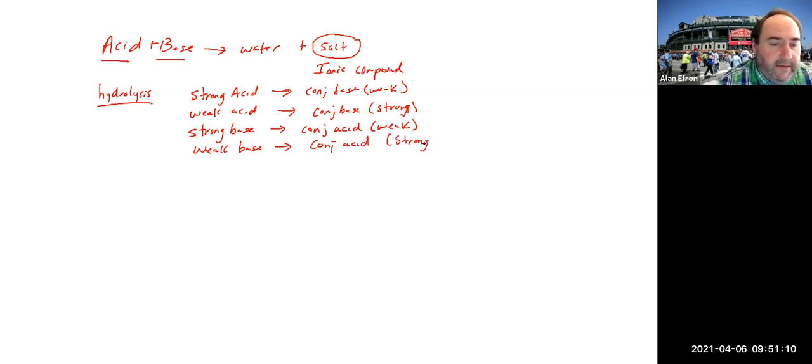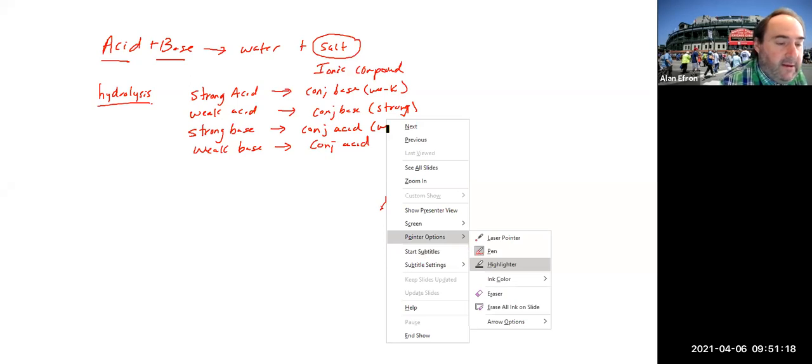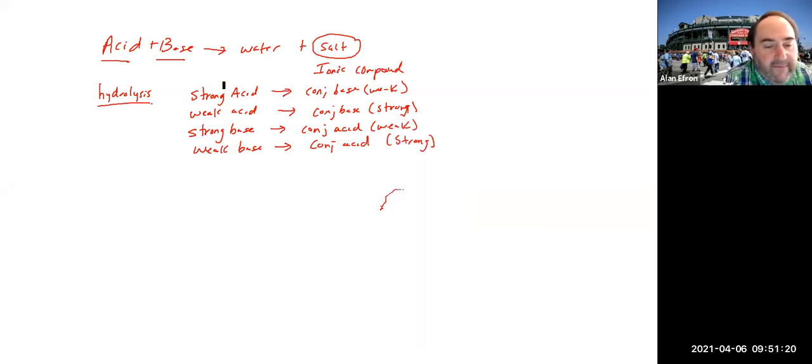So where the salts come from will determine whether or not it will continue to react with water. If it comes from something that's strong, which gives us these guys here, these will produce what we refer to as a neutral salt.